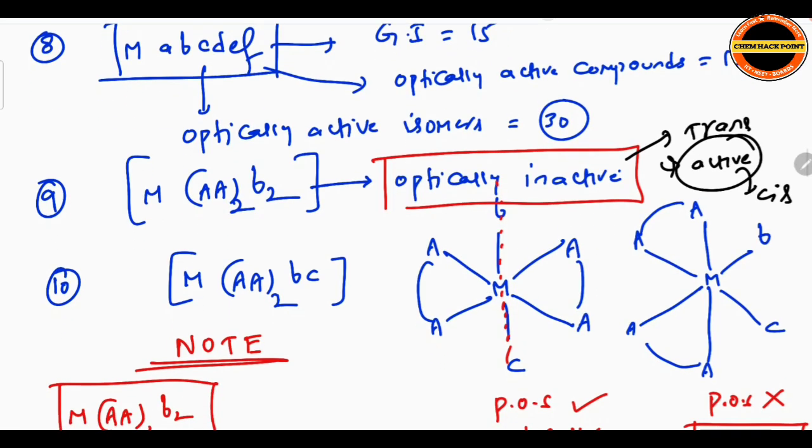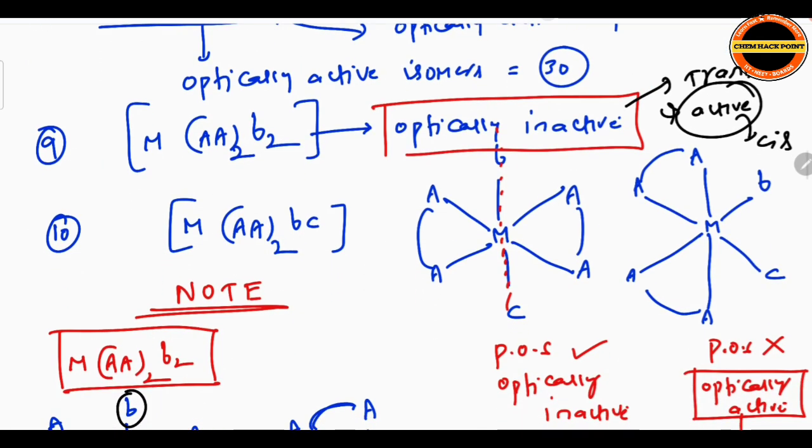Then MA twice B2. What is the meaning of AA twice? Bidentate symmetrical ligand. It is also optically inactive. Which one is optically inactive? Here 2 forms are available. I will discuss the 9th one below; I wrote it under note. This one you see is the 10th one. Symmetrical bidentate and BC. So here the first structure is arranged like this. Here the second structure: you can see there is POS, plane of symmetry.